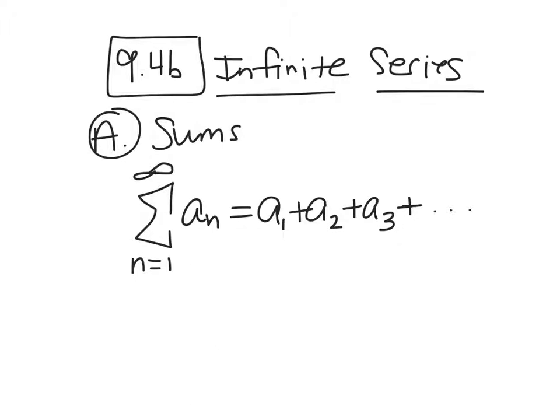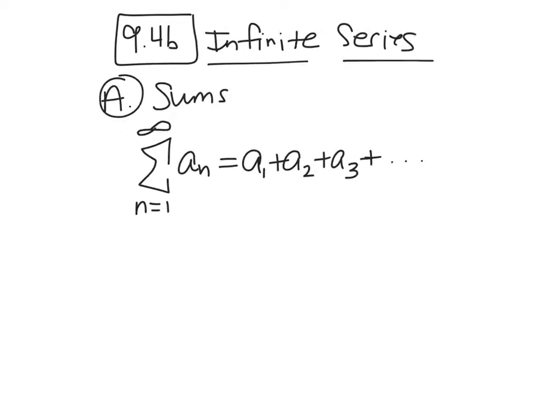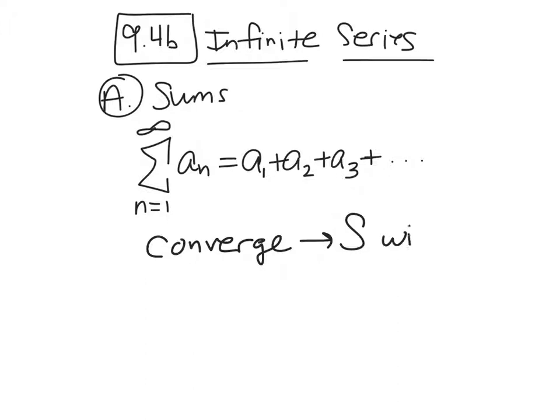sight. Now, you can add up an infinite amount of numbers, and it's going to converge to one number, or it will diverge. So this sum can either converge. If it converges, then S will be the sum. It will have a sum of 2 or 10 or negative 12 or whatever.